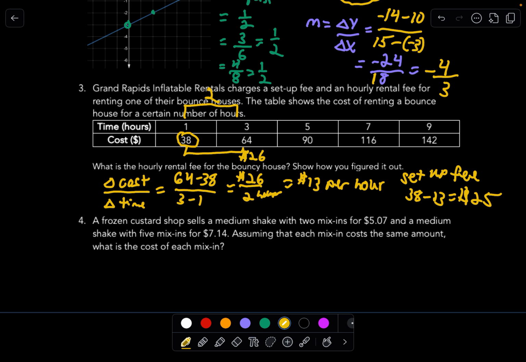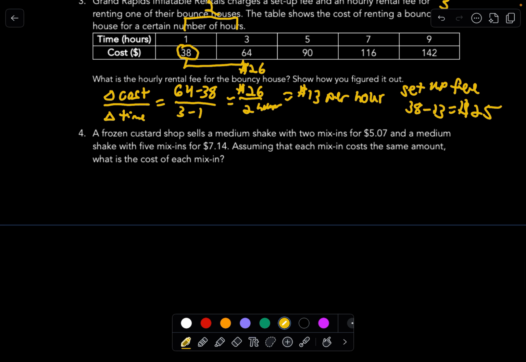Okay. Now, a frozen custard shop sells a medium shake with 2 mix-ins for $5.07, and a medium shake with 5 mix-ins for $7.14. Assuming that each mix-in costs the same amount, what is the cost of each mix-in?